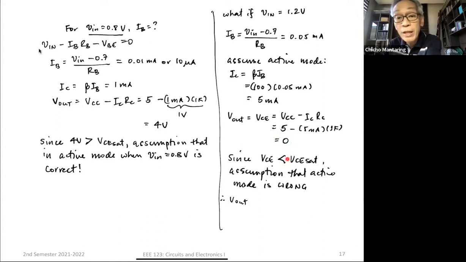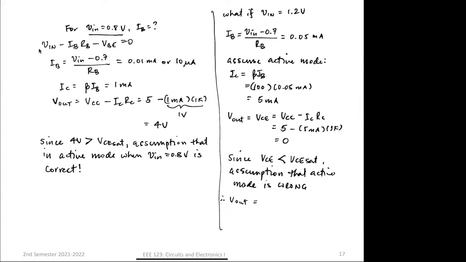Now we saw that VCE is less than VCE SAT, so the assumption that it is in active mode is wrong. So what is the actual value of V out? How about Albert? What value of V out?